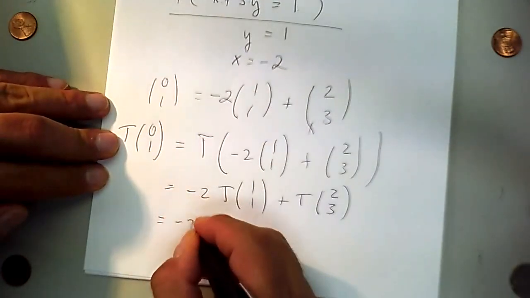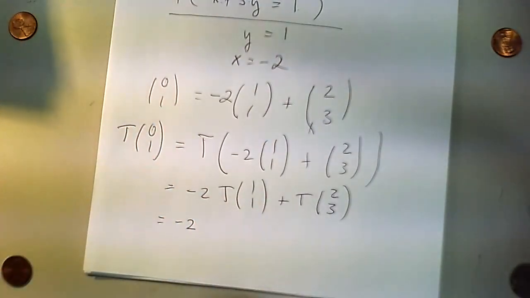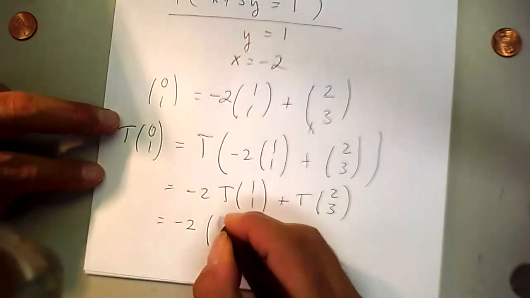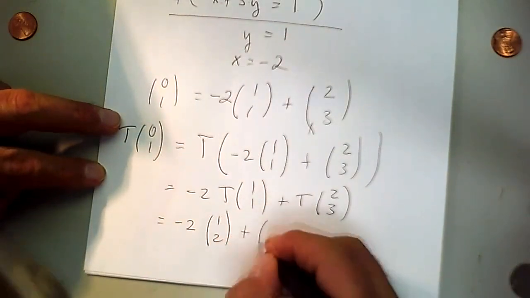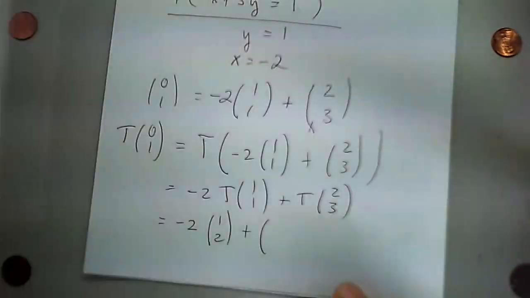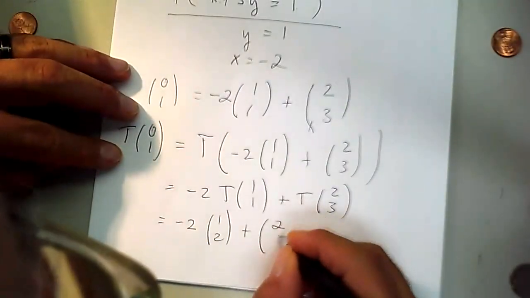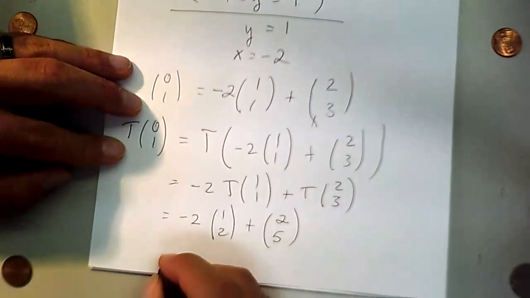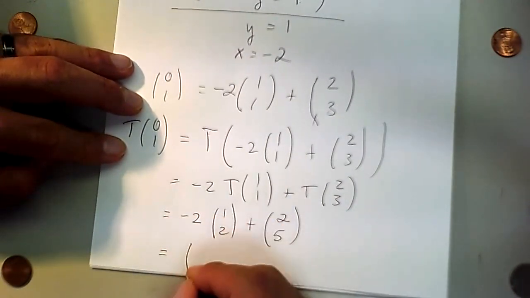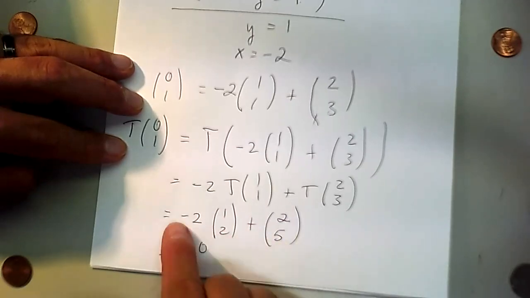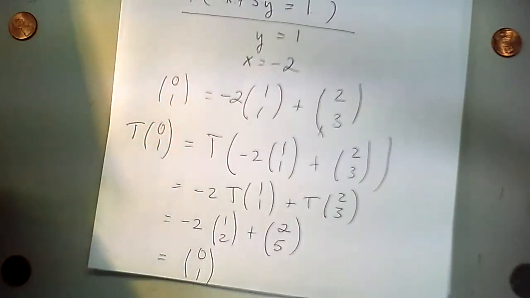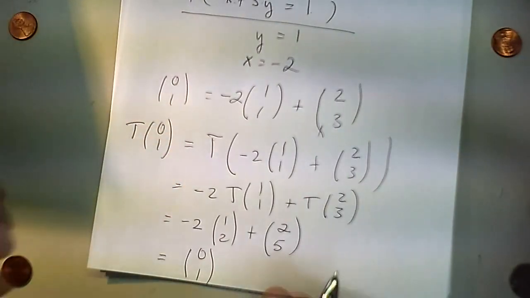And that is equal to -2 times T of (1, 1), which they told us is (1, 2), plus T of (2, 3), which is (2, 5). So that is 2 minus 2, 0, and 5 minus 4, 1. Oh, what a coincidence. T of (0, 1) is (0, 1). I did not plan that.